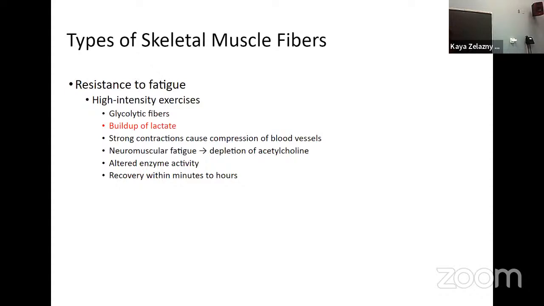So if you deplete that acetylcholine because you've been putting out so much neurotransmitter as you're firing those neurons over and over and over again, this can cause fatigue from that sort of control side. So at that point, you feel like you can't even contract at all. There are also some alterations in enzyme activity that are related. Recovery from this takes minutes to hours after high intensity activity. So this type is fatigue.